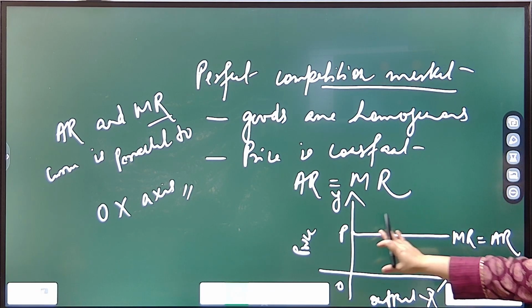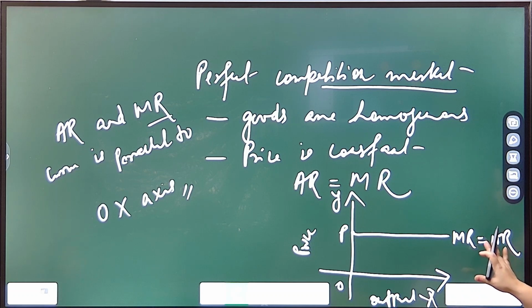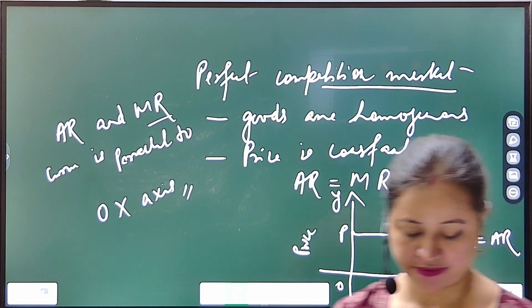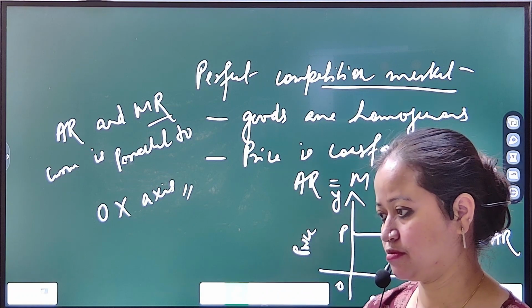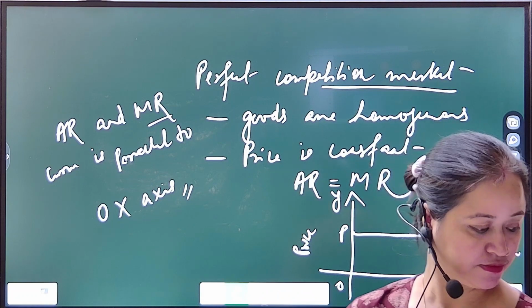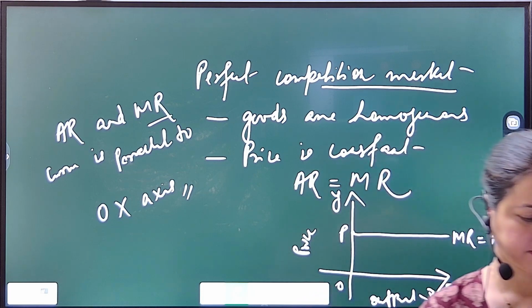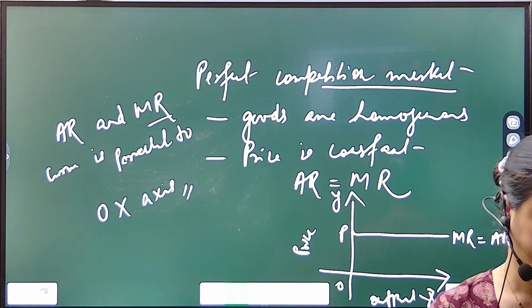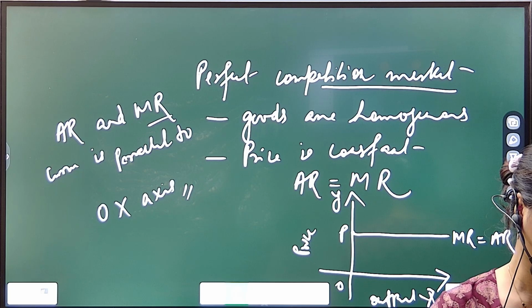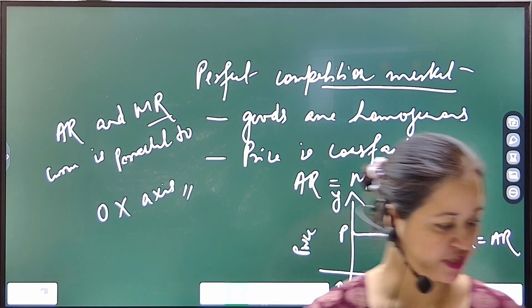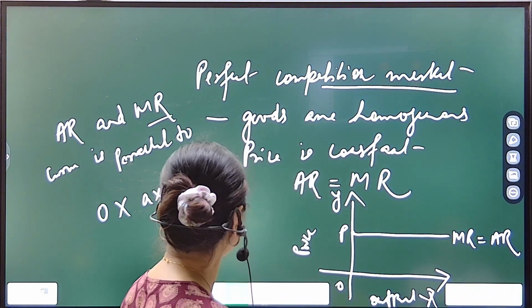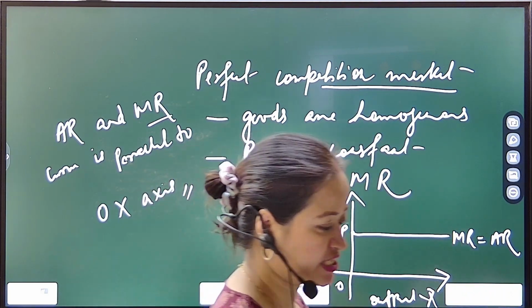So the AR and MR curve here you can see, and this is parallel to the OX axis. Done? Written? All the facts, this one: AR and MR curve is parallel to the OX axis.